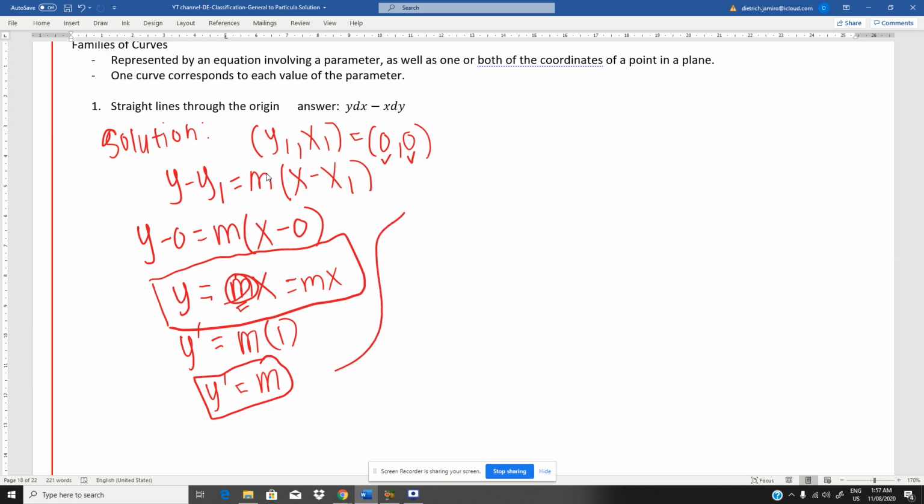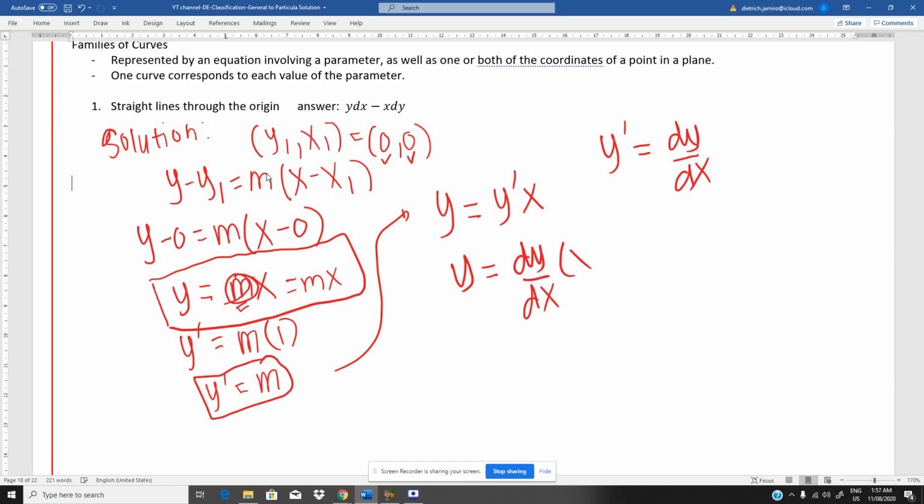We will have y is equal to the value of m, which is y prime, multiplied by x. We know that y prime is also equivalent to dy over dx. So y is equal to dy over dx multiplied by x.